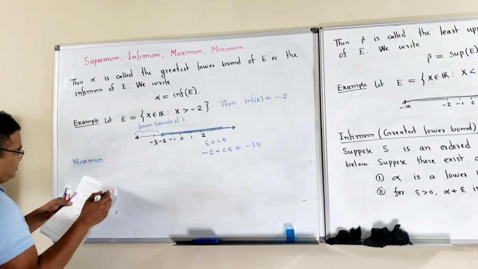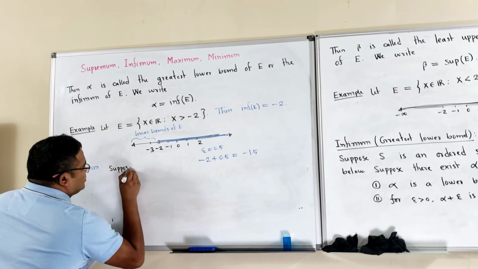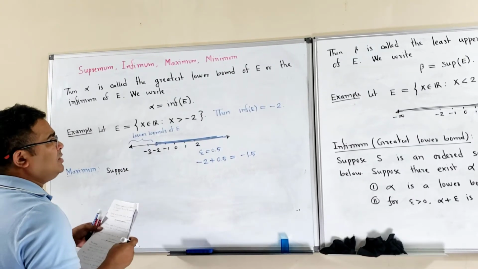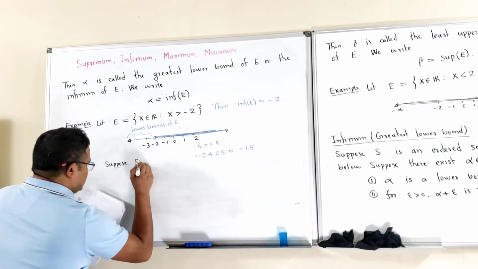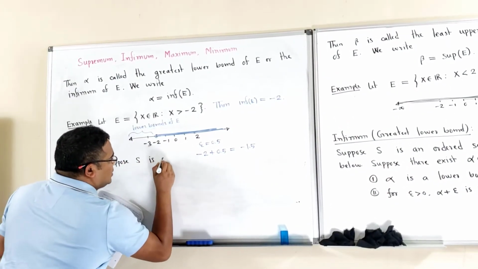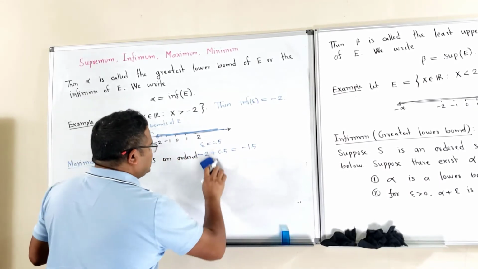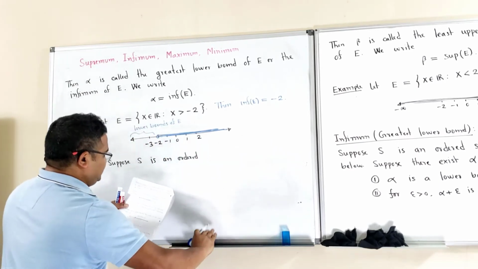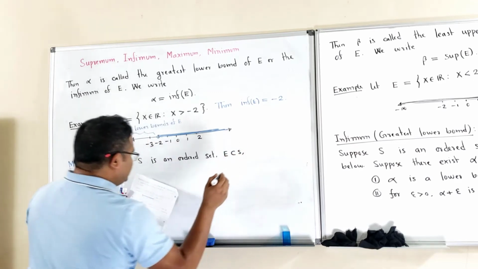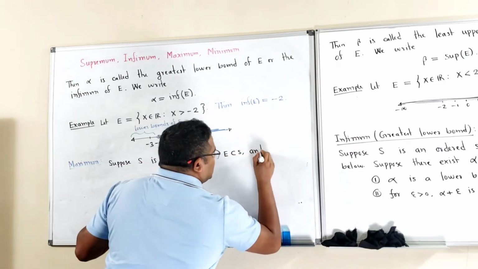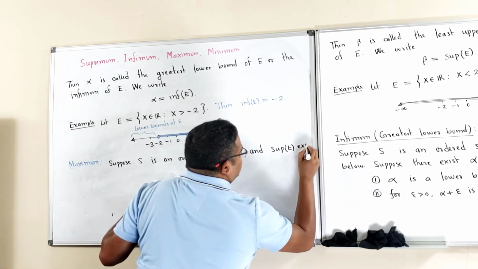So what is the definition? Suppose S is an ordered set, E is a subset of S, and the supremum of the set E exists.